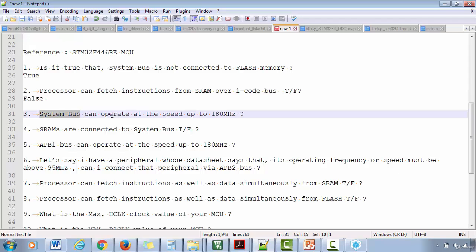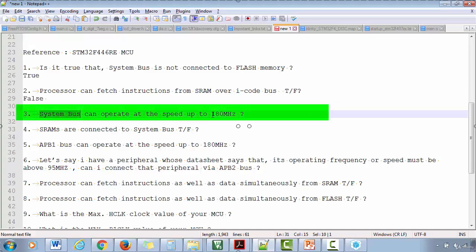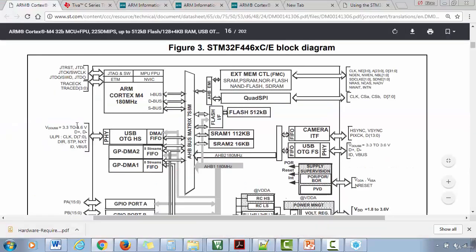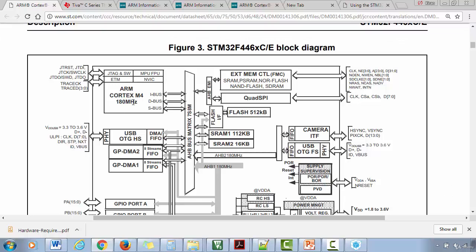The system bus can operate at a speed of up to 180 megahertz. The answer for this is 180 megahertz. That's true. The Cortex processor can run at up to 180 megahertz, so that means the system bus can also run at up to 180 megahertz.